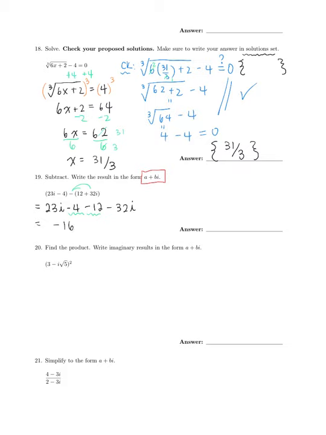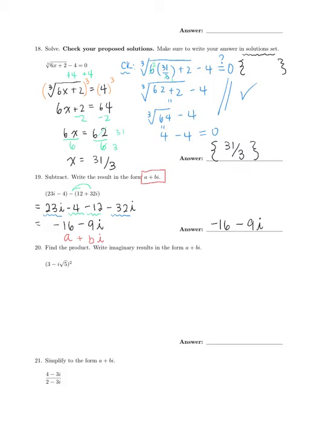And then here you have 23i minus the 32i. So what is that? Minus 9i. So now this is of the form a plus bi, right? So we're good to go. So our answer is going to be negative 16 minus 9i.